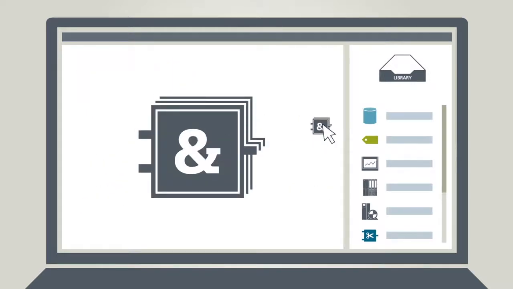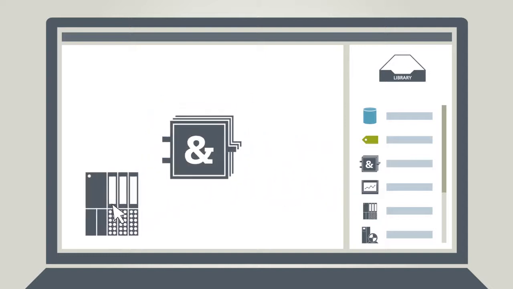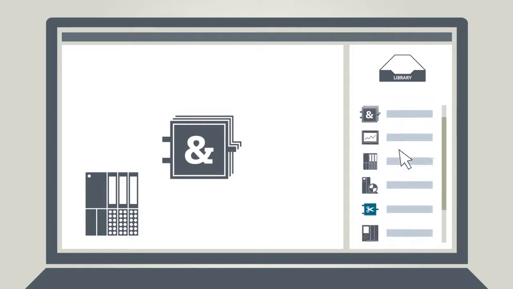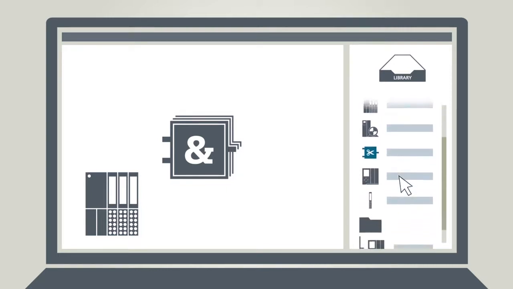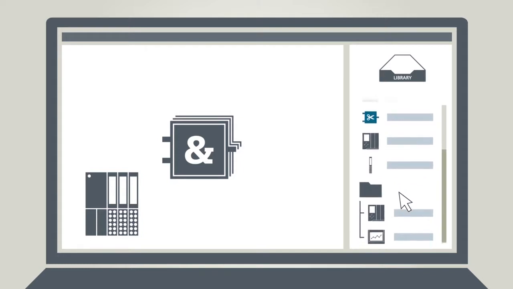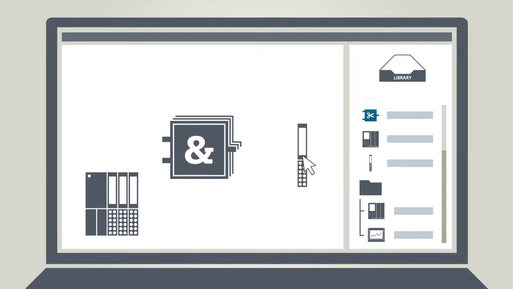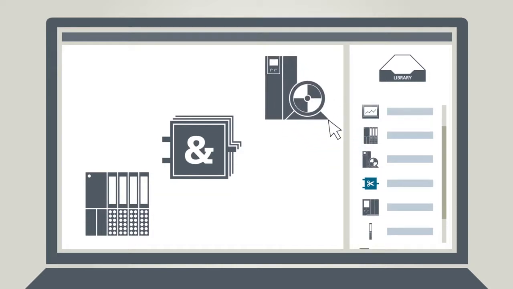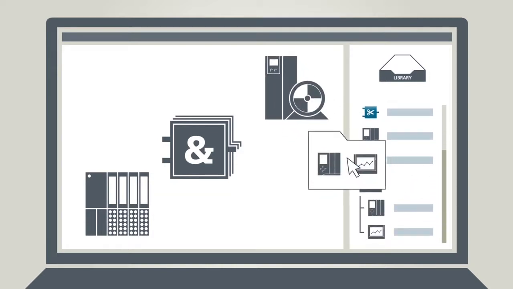These libraries allow you to store and reuse the objects needed for your projects. They may include software blocks, variables, data types, monitoring tables, process images, faceplates, technology objects, and even fully configured hardware. The range of items in the library spans from individual modules and devices right down to complete subsystems.